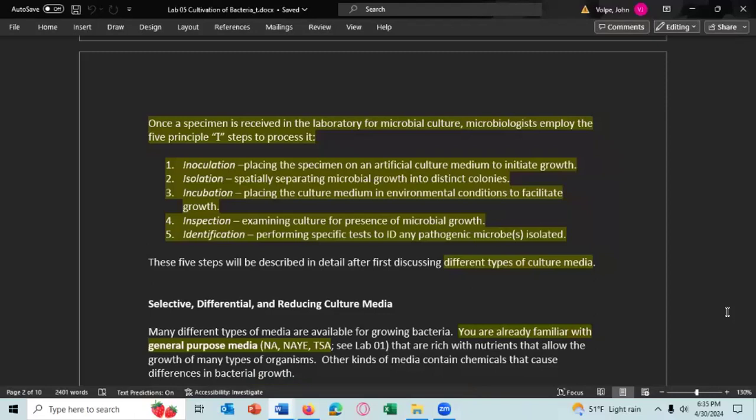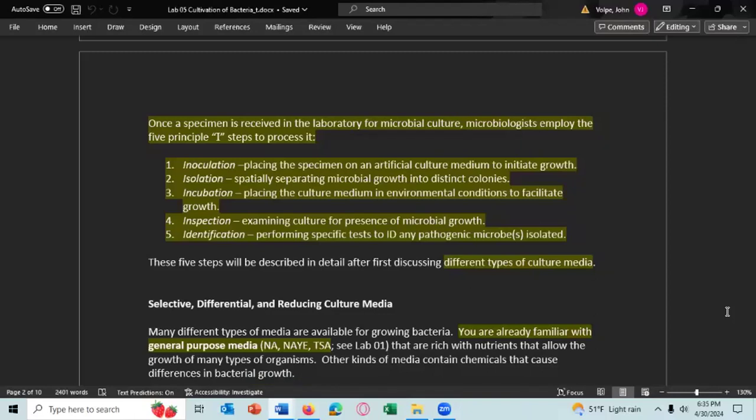In inoculation, you place the specimen on an artificial culture medium to initiate growth, meaning you grow it either on a petri dish or in a test tube. 2, you then isolate it. You have spatial separating the microbial growth into distinct colonies, and usually you'll then streak out each colony to make sure you have a pure culture.